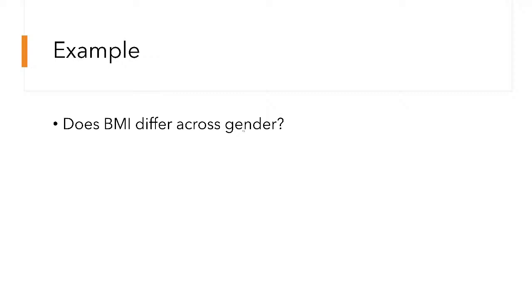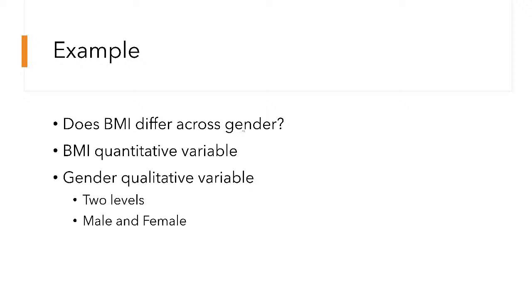For example, if you want to ask whether BMI differs across genders: BMI is a quantitative variable, and gender, if we assume male and female, is a qualitative variable, so we'll conduct an independent samples t-test in this case.